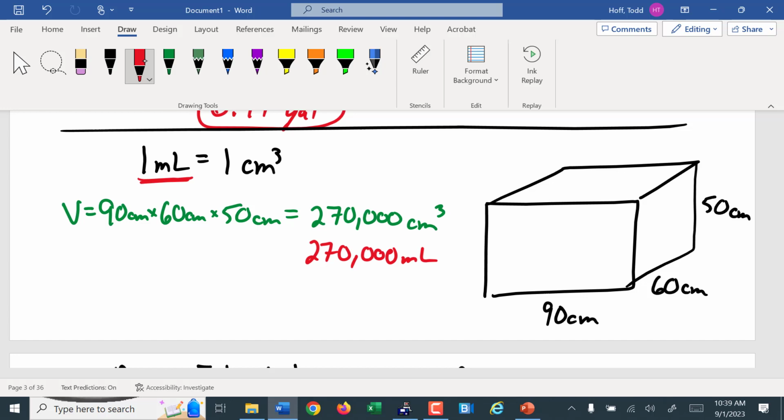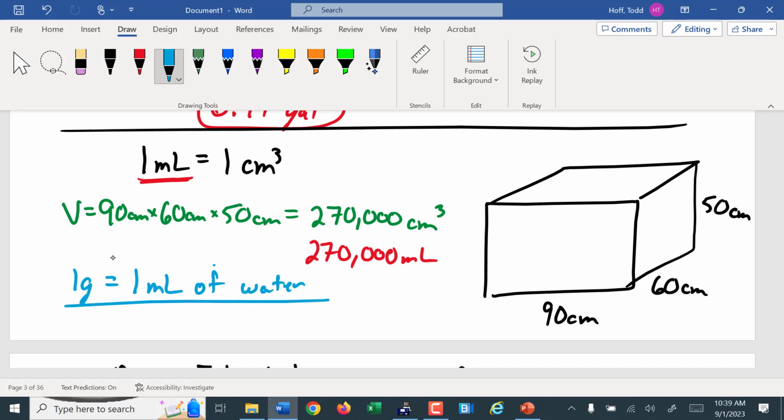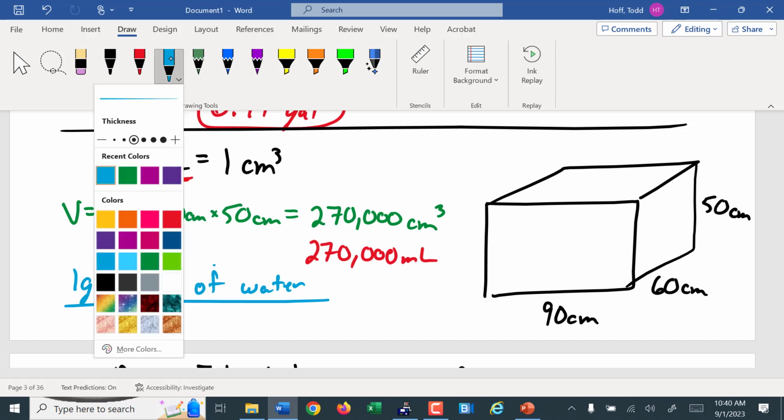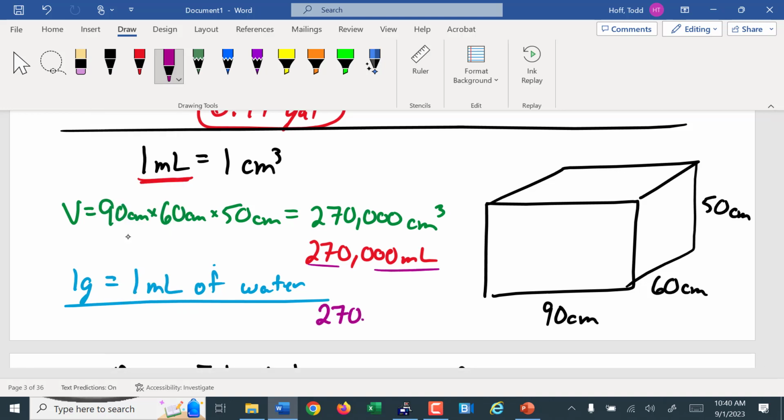And of course, I can convert it to liters from there by just moving the decimal points. But I want to go one more step. The metric system makes it even more convenient by defining 1 gram as the mass of 1 milliliter of water. So if I want to know how heavy this tank is, each milliliter is 1 gram. So if it's going to be filled with water, 270,000 milliliters is going to be 270,000 grams.